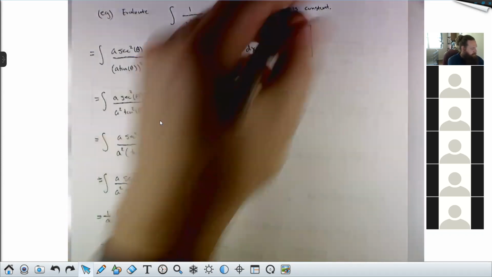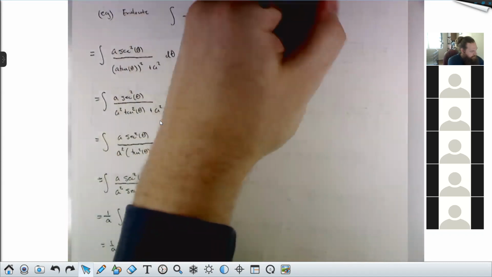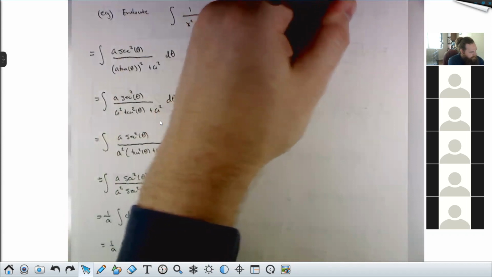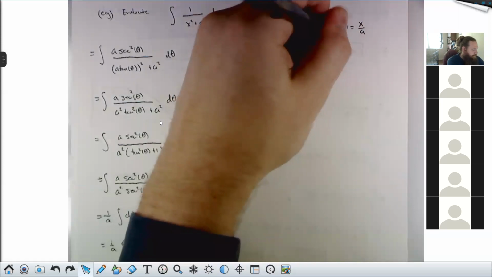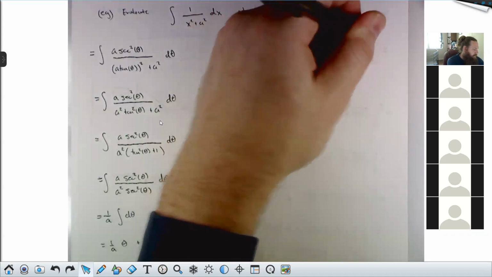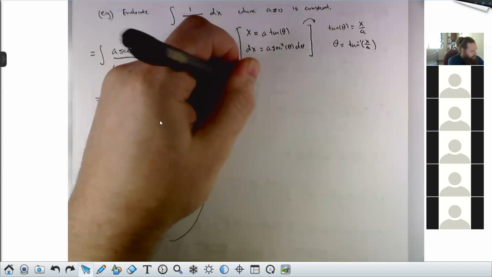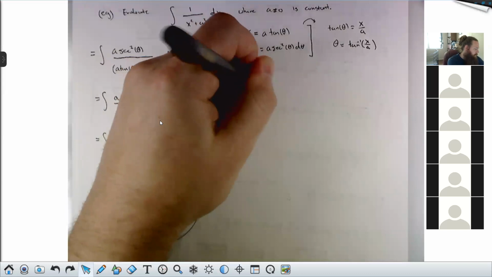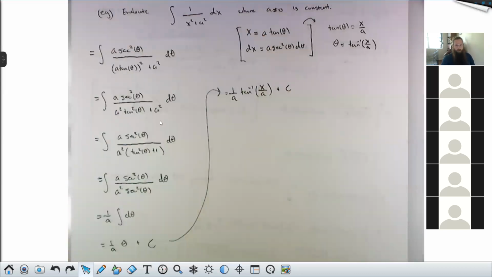So if x is equal to a tan theta, that means tan theta is equal to x over a, which means theta is the inverse tangent of x over a. So this is 1 over a times theta, which is the inverse tangent of x over a plus c. And this is something I actually recommend that you commit to memory.